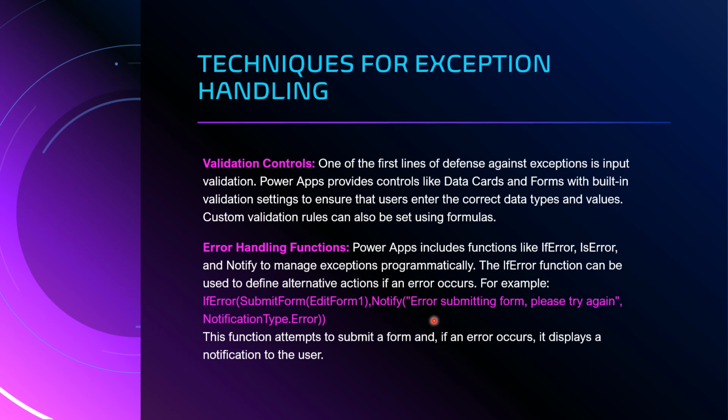For example, here we call the IfError function. Here we are including SubmitForm as a parameter and we are including Notify with the message "Error submitting form, please try again", and we can also decide here the notification type as Error. So this function attempts to submit a form, and if any error occurred, it displays a notification to the end user.